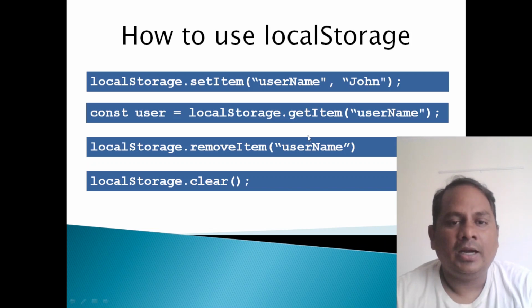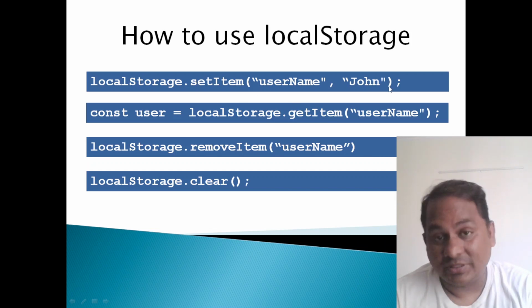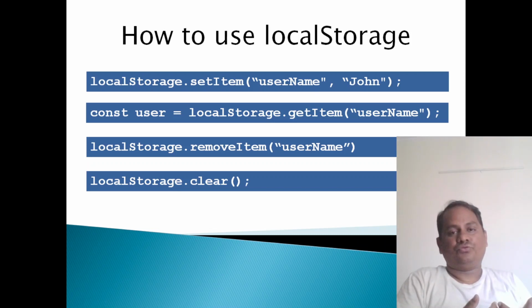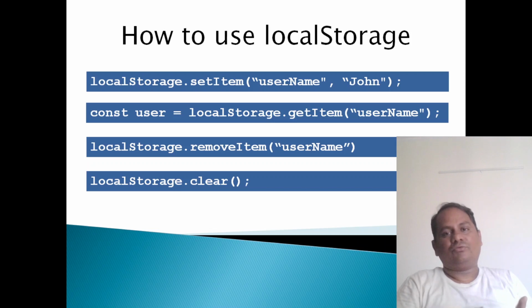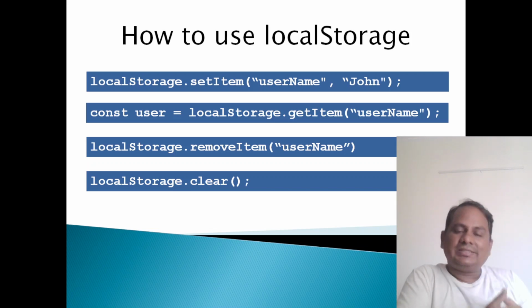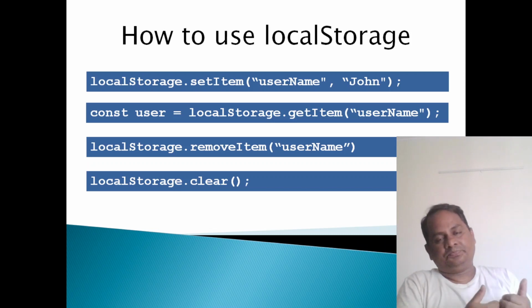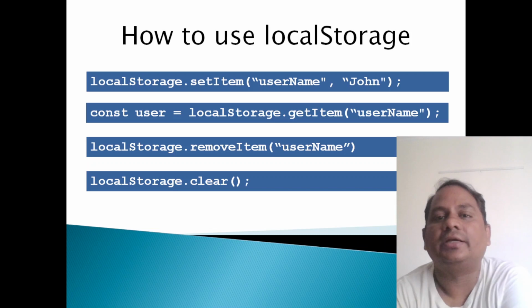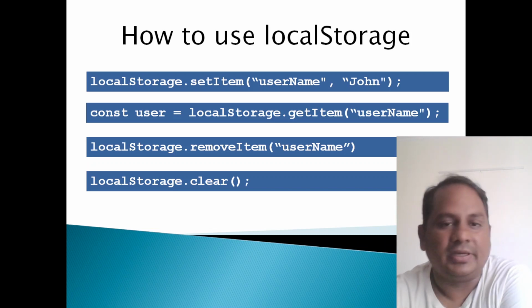You can see there is no update API. That means to update, we can use setItem itself. If at some point in time we have to update the value, we can use setItem only, so the previous value will be replaced, because that key is unique.